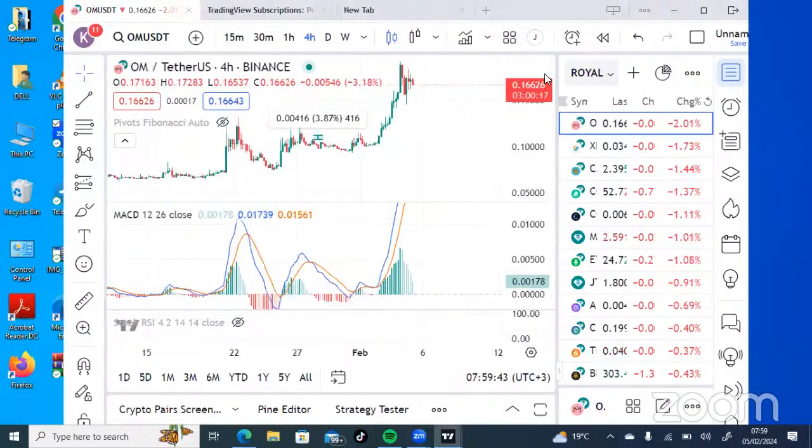Now, the MACD is a special indicator. Let me first come to the whiteboard. The MACD is special because it has a middle line, or what we call the center, or some people call it the zero line.